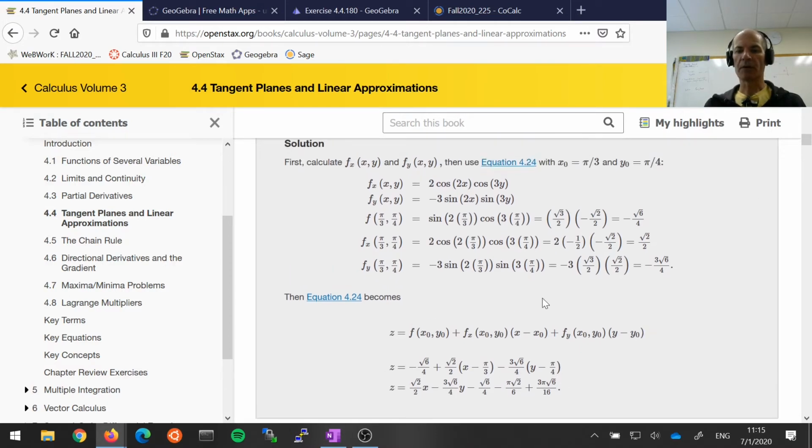Once we have these components, it's a matter of just dropping them into the formula for the tangent plane. So we've computed f of x naught, y naught here. We put it in. We've computed the partial of f with respect to x at this point here, and the partial of f with respect to y at this point here, and then x minus pi over 3, y minus pi over 4, and we're done.